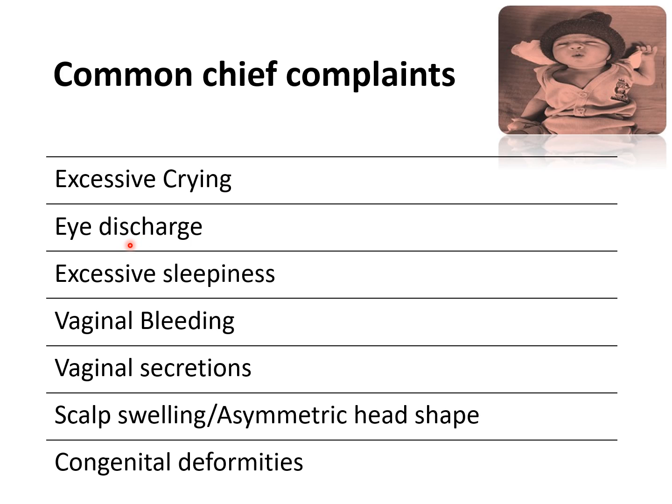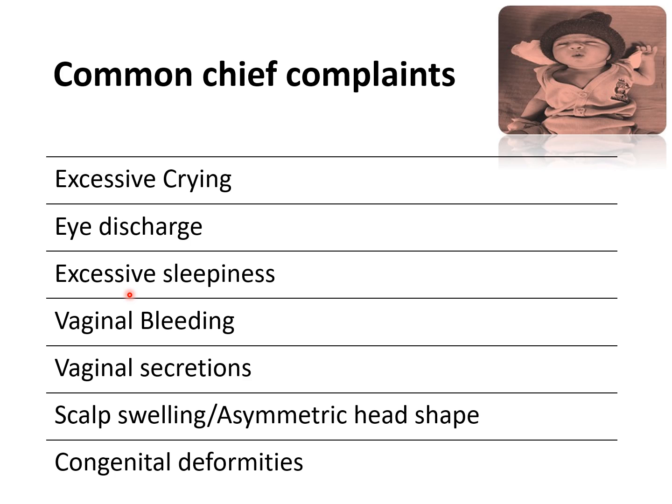Eye discharge is again common in the newborn period, either because of conjunctivitis or because of nasolacrimal duct blockage. In the first 2 to 3 weeks of life, a newborn does not have any tears. So whenever there is watering or secretion from the eyes, we have to suspect either conjunctivitis or NLD blockage.